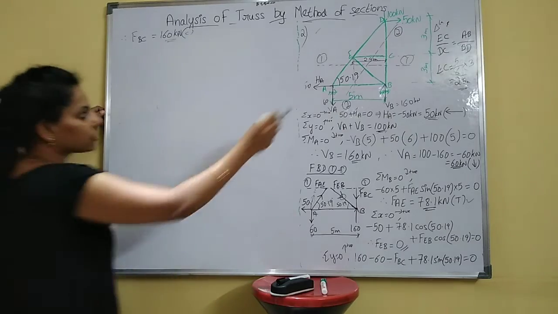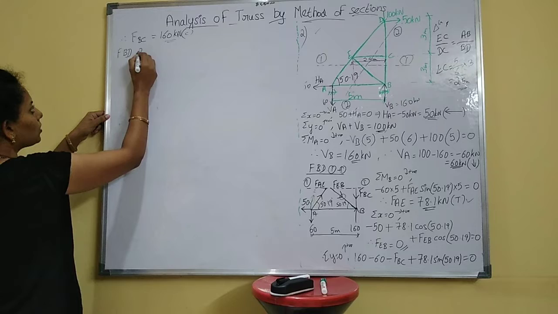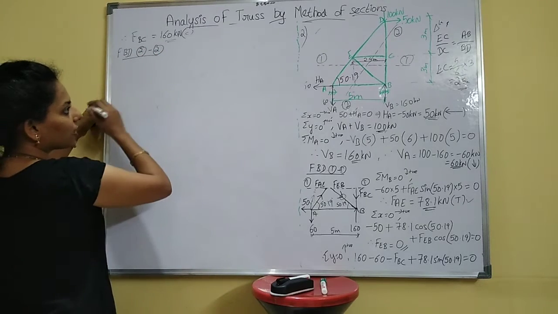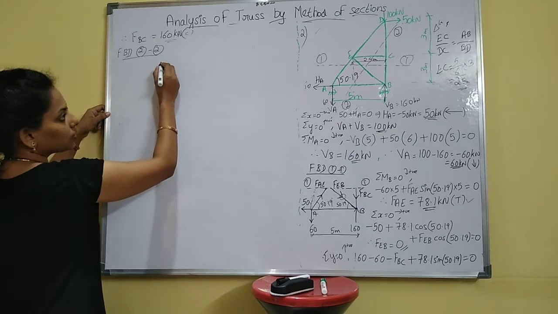Okay. Next, take section 2-2. Free body diagram of 2-2: just draw the free body diagram, considering any side of the section.